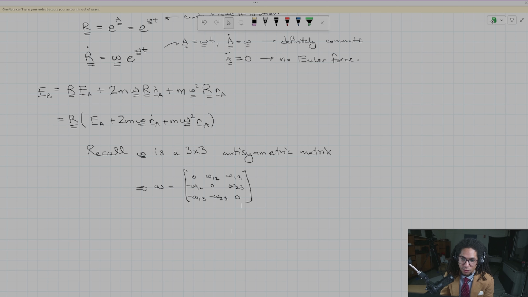Good. And we found earlier on that multiplying an antisymmetric matrix in 3 dimensions by a vector is like taking a cross product. Or it's not like taking a cross product, it has the exact same effect.